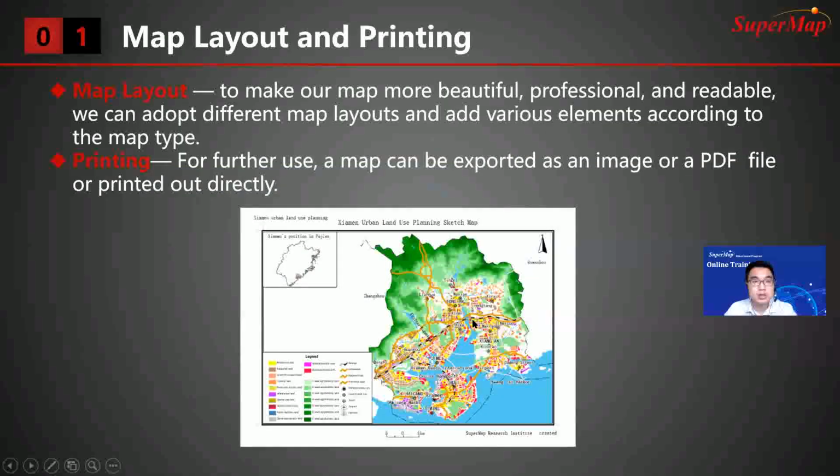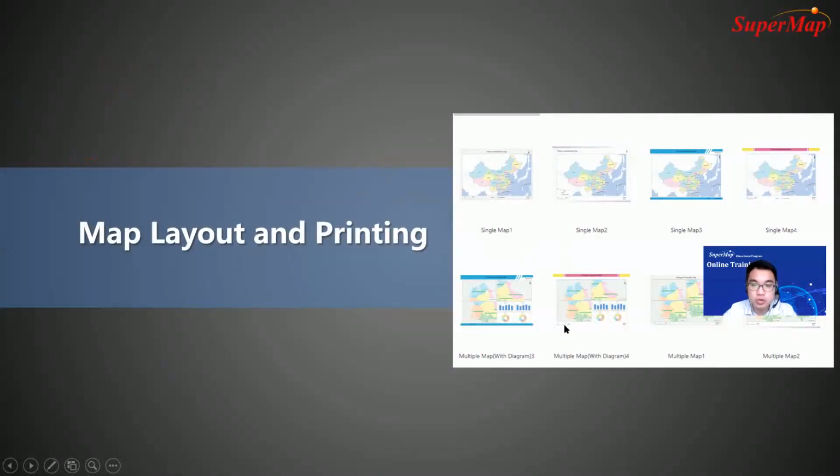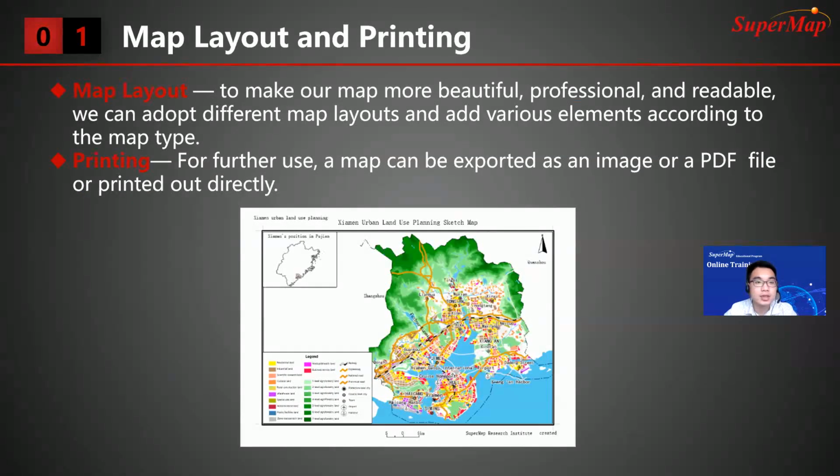Yeah, and so now let's review some parts about the layouts and mapping. So the first one, for the map layout, you can put all the map feature elements, the maps, and you can print it directly.